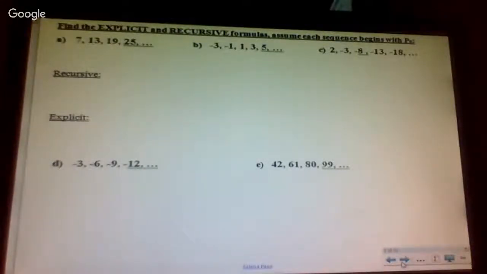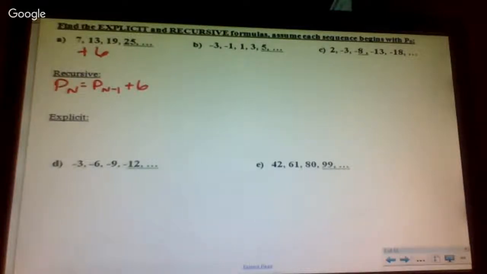So I'm not really worried about the recursive sequence and formula. I'm more worried about the explicit, but we're gonna do both. So first thing you need to do is find the common difference. Plus 6. Okay, so that means recursively, it's P sub n equals P sub n minus 1 plus 6.